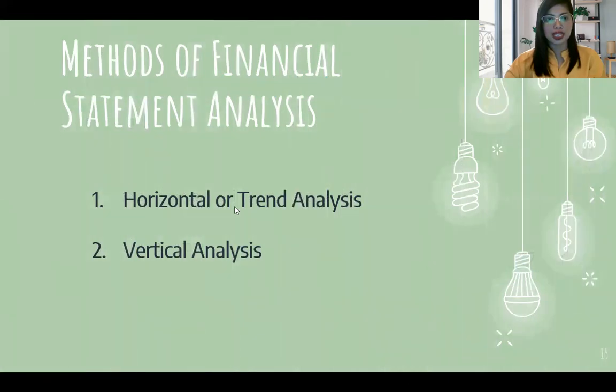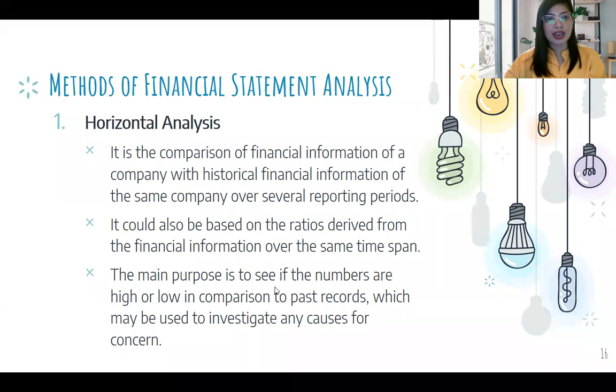Okay, so now let's proceed to the methods of financial statement analysis. We have here the horizontal or trend analysis and the vertical analysis. When we say horizontal analysis, it is the comparison of financial information of a company with historical financial information of the same company over several reporting periods.